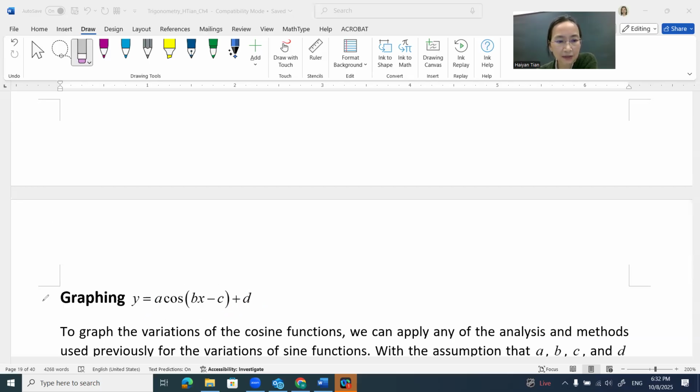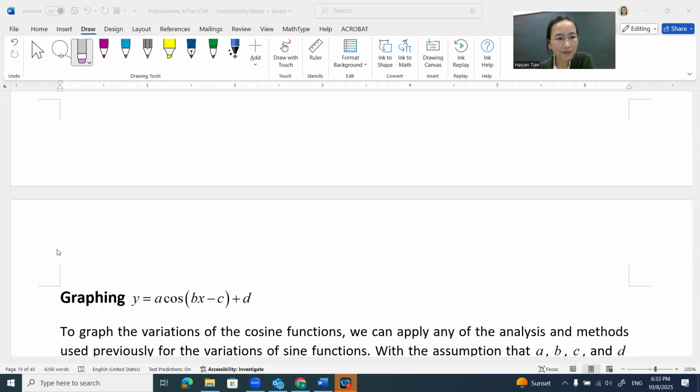When d is negative, you produce this function first, without considering d, and then lower that graph by d units. Then you get the graph of the desired function.